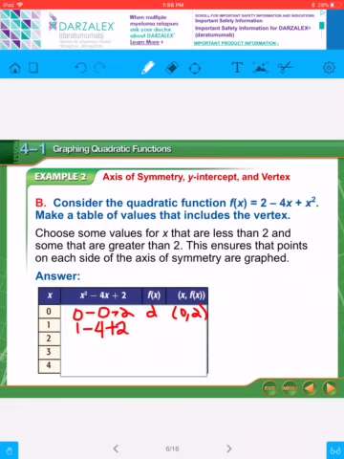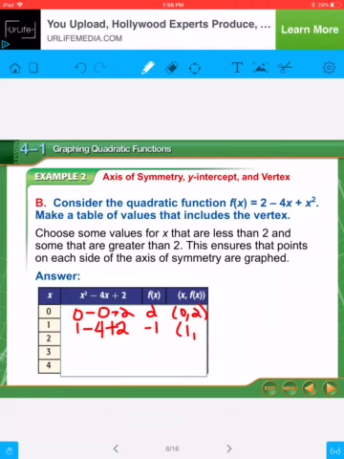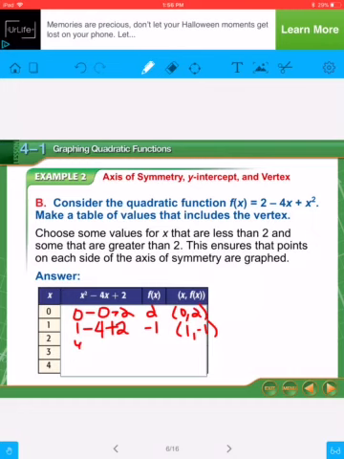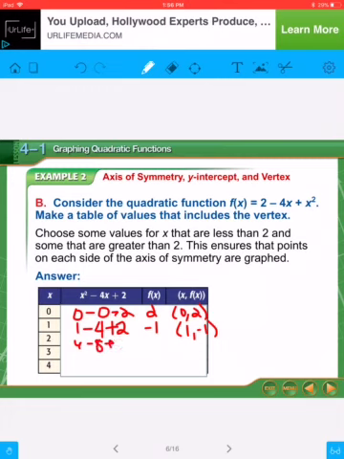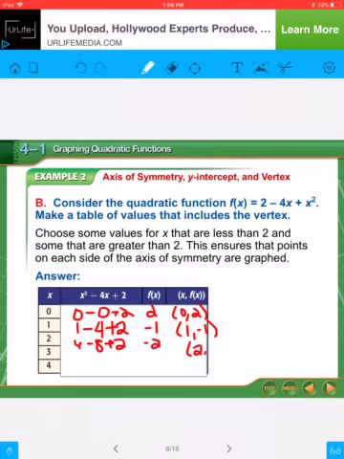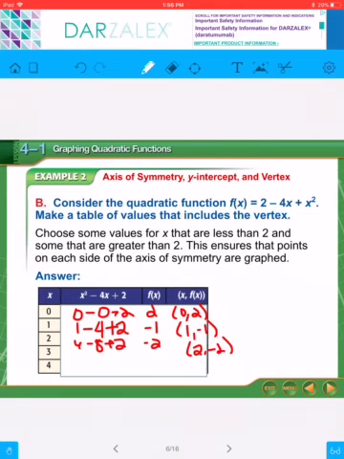So that gives me negative 3 plus 2, so negative 1. So that's the point 1, negative 1. When I plug in a positive 2, 2 squared is 4, minus 4 times 2 is minus 8, plus 2, so that gives me negative 2. So that's 2, negative 2, which was our vertex.